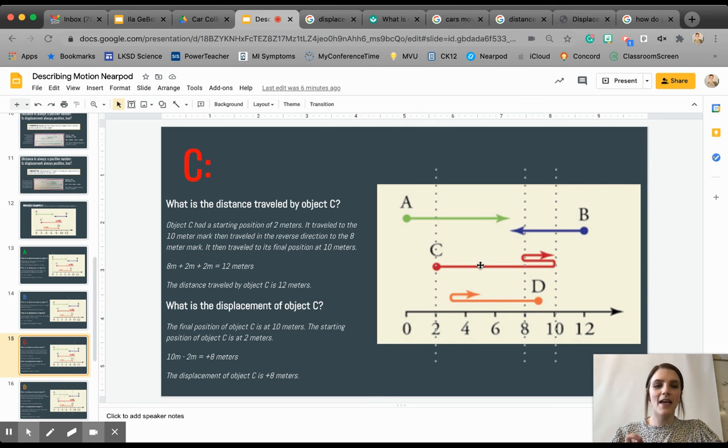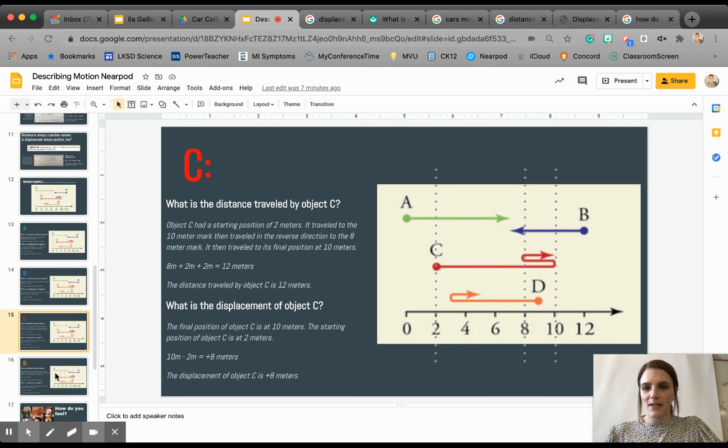How far away? 8 meters away. So in a situation like this, you have to think to yourself, okay, so even though object C was moving around and zigzagging back and forth a little bit, displacement, they started at 2 and they ended at 10. So they were displaced 8 meters. Even though they had a bunch of zigzags in between, they were displaced 8 meters.